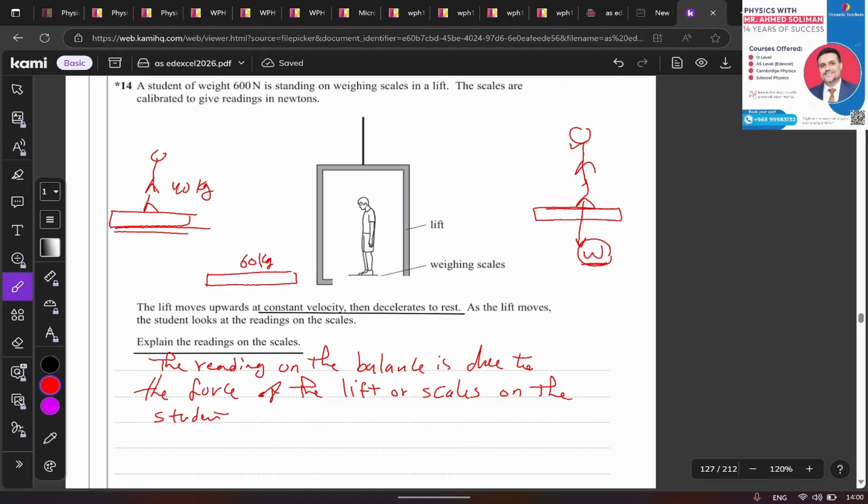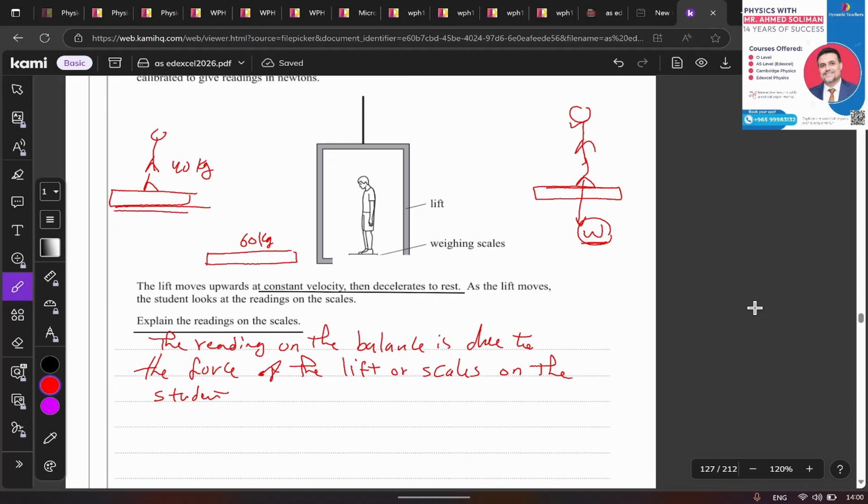Okay? We can call this force the reaction force on the student.